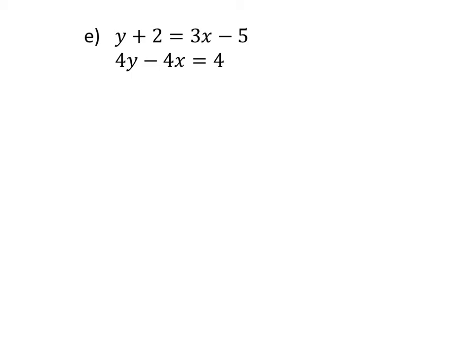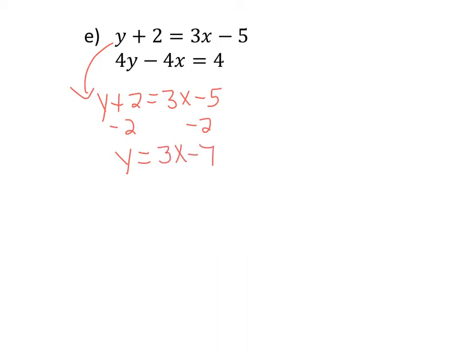So let's take the first equation, y plus 2 equals 3x minus 7 — sorry, 3x minus 5, and I want to solve for y. I'm going to go ahead and subtract 2 from both sides. I get y equals 3x minus 7. Now I have an equation that is set equal to y.